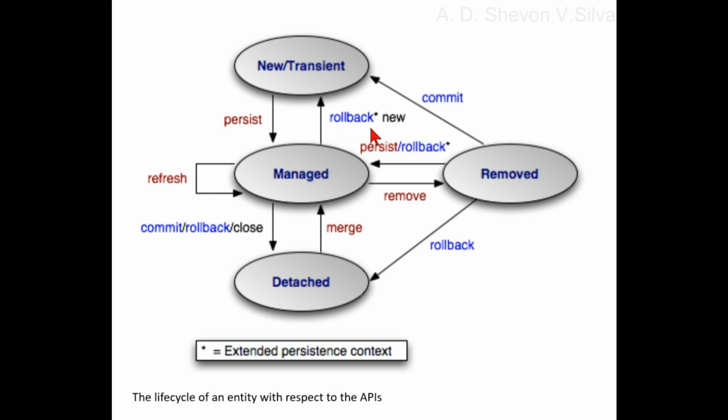Rollback is in an extended persistence context. Managed interacts with new transient, removed, and detached. Refresh is passed from managed to managed. Remove is passed from managed to removed.